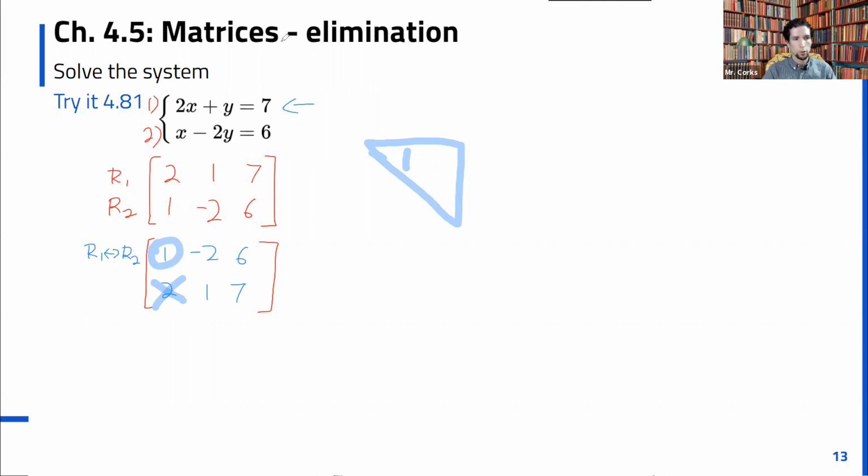What can we do to do that elimination? Multiply row 1 and then subtract from this row 2.